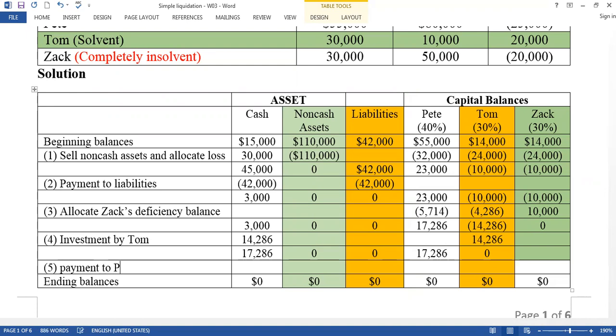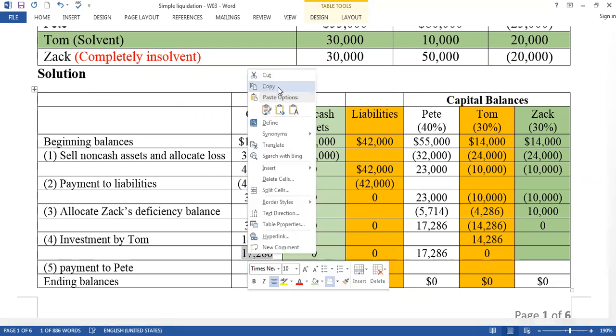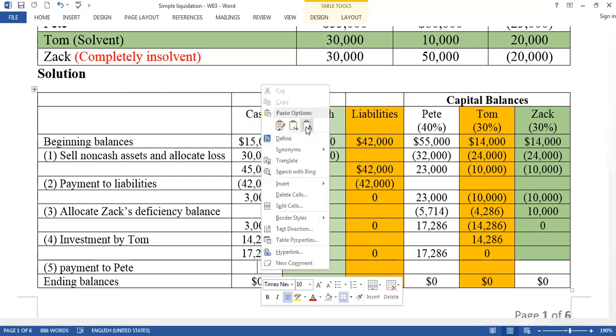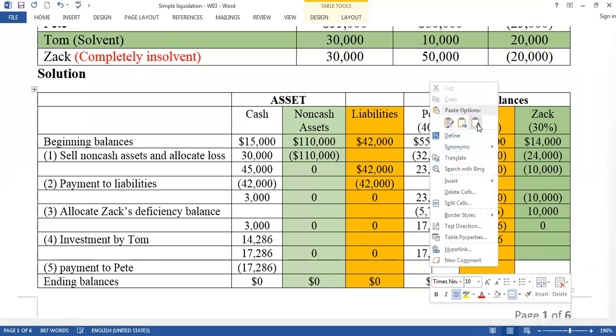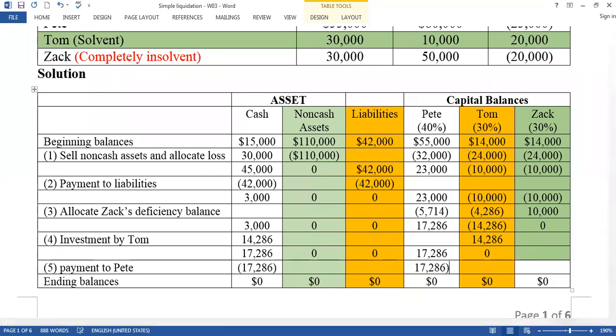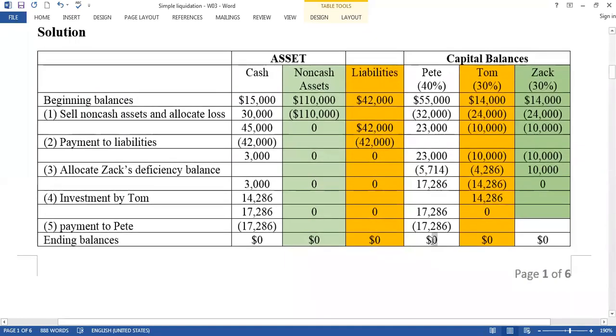So now we are going to pay this money. Cash is increasing or decreasing? If you pay, cash is decreasing, right? And P receives this money and he is going to close. So how to make P 0?